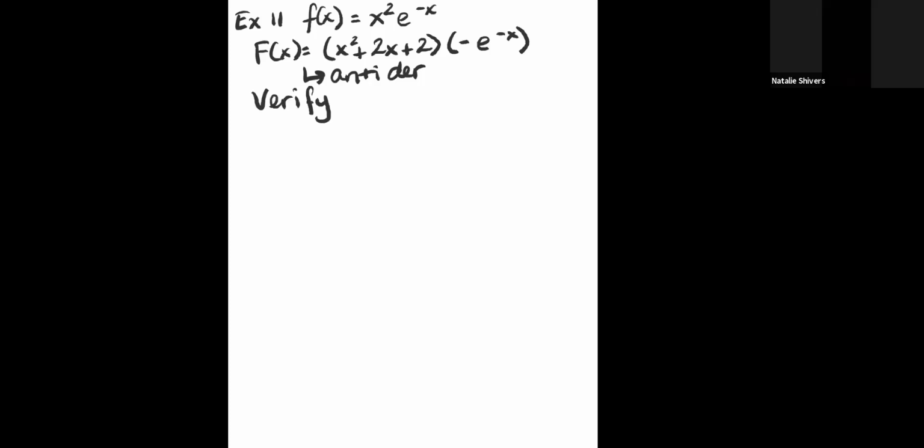Capital F of x equals x squared plus 2x plus 2 times negative e to the negative x. Again, this one's the antiderivative. Okay, so the first thing it wants us to do is to verify.